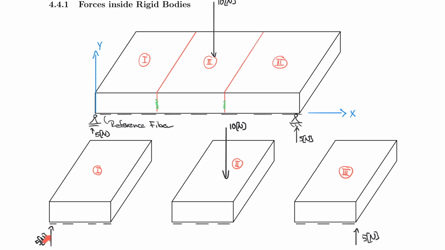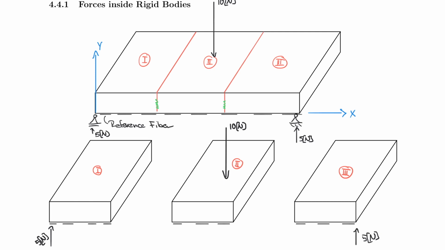So this one here is with an imbalance up with 5 newtons. This one is with an imbalance down 10 newtons, and we have an imbalance here. So the glue at this connection really made sure that we somehow can transfer the 10 newton from the center to the support. And so far this has just been accepted as magically happening for us, but now we want to learn how that works.